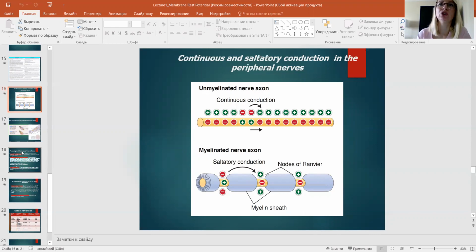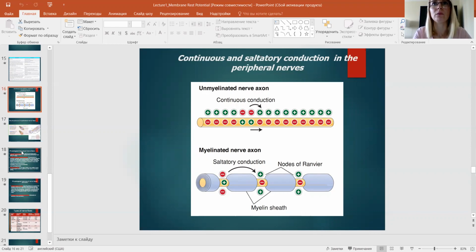A maximal velocity of the conduction is observed in the myelinated nerve fibers. We will talk about the difference between myelinated and unmyelinated nerve fibers in the next slide.